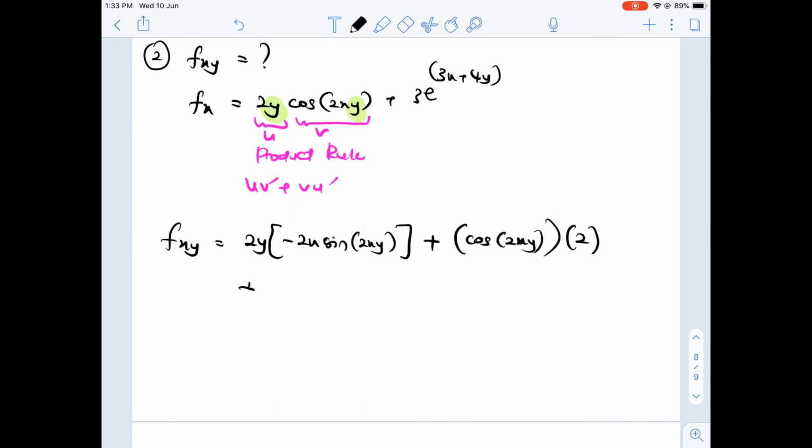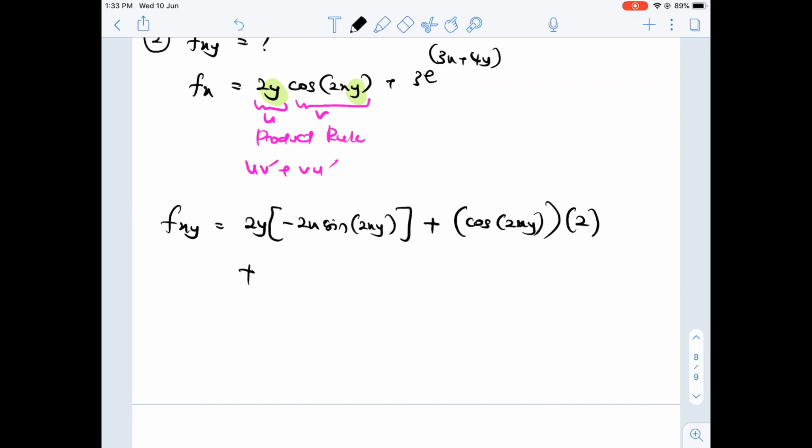Okay, plus, the exponential function, we can differentiate as usual. So we have 4y here. So 4 multiplied by 3, we will get 12 exponent 3x plus 4y.